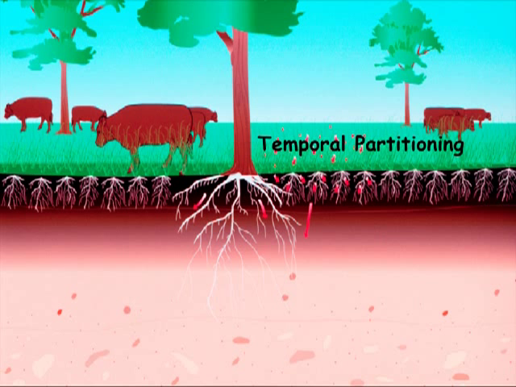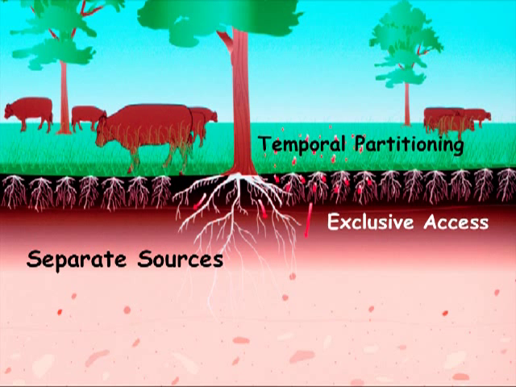I've got competition for resources, but it happens at different phases in time. We already talked about that a little bit. So this would be temporal partitioning. If the tree is leafing out later, it's got a demand for the resources at a time when maybe that cool season grass has less demand or is under some stress, and so it's shut down some. I may also have exclusive access where tree roots and grass roots are not in the same region. Or I can have separate sources altogether.